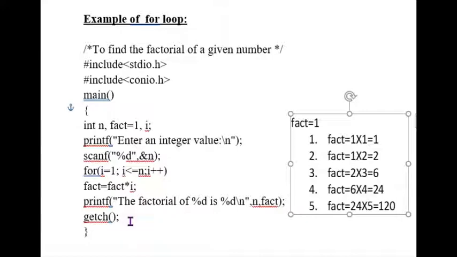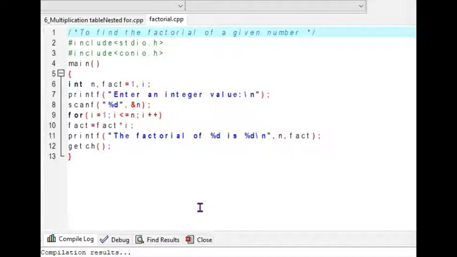We will see in the Dev C++ terminal how to find out the value of a factorial. Now we have opened the Dev C++ terminal, where the program has already been written and compiled.